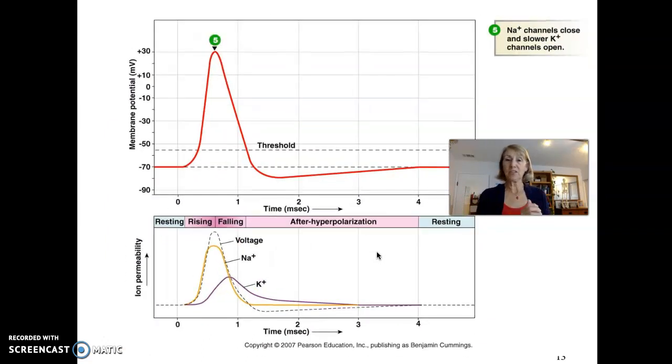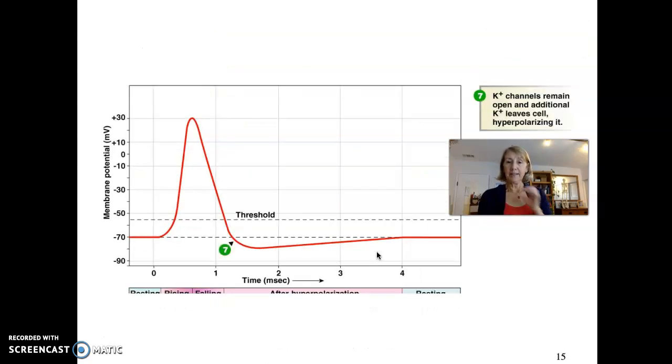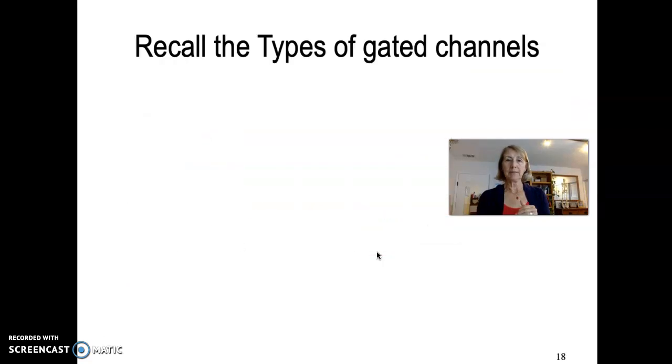Then it sends a message to another cell and tells that cell, maybe it's contract, maybe it's move, maybe it's form an image, maybe it's interpret sound. So think of current as the wiring that's sending a signal to another cell. And that's how it happens, with the sodium and the potassium channels changing.